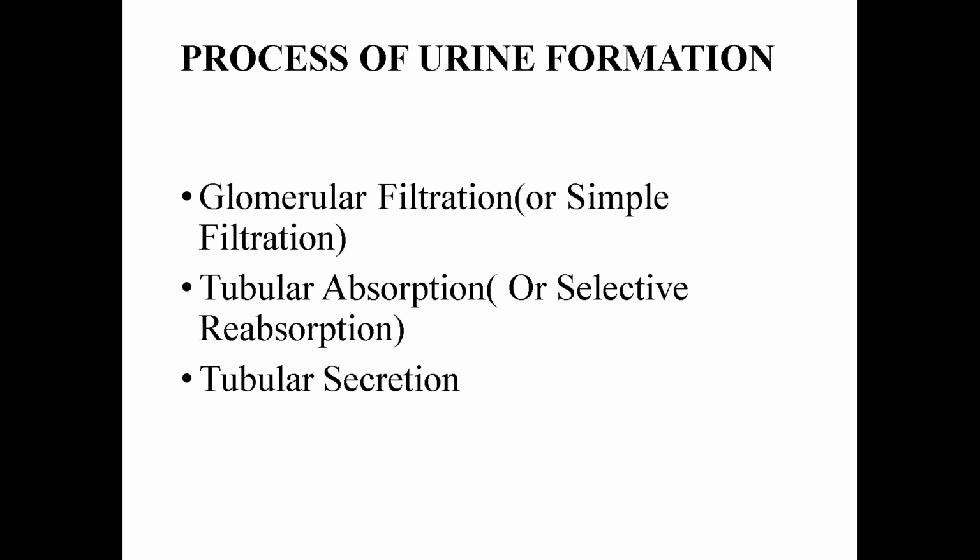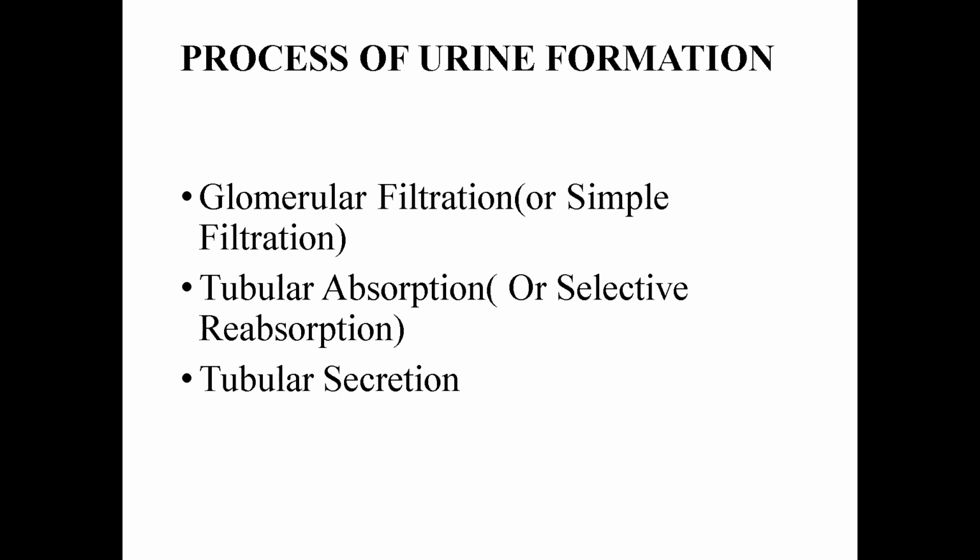Okay, so the next process is tubular absorption or selective reabsorption. So this process happens at the proximal and distal convoluted tubules. This is where the body reclaims some materials from the filtrate.